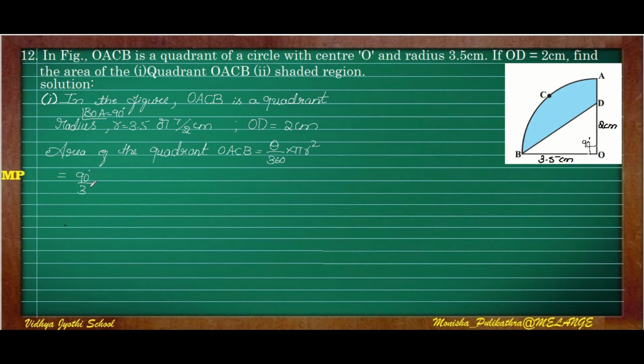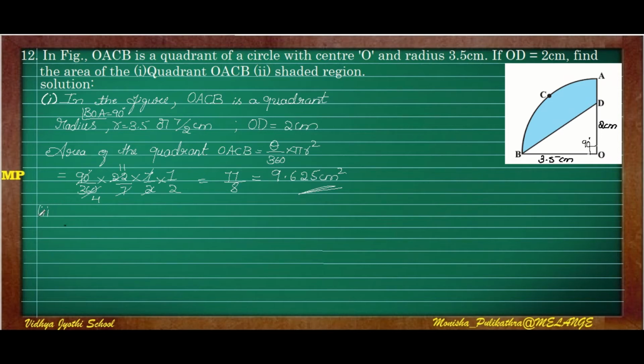So 90 divided by 360 into pi, which is 22 by 7, and radius is 7 by 2, so 7 by 2 into 7 by 2. 7 cancels. So we will get 77 by 8. If we divide it, the value will be 9.625 centimeter square, which is the area of the quadrant.